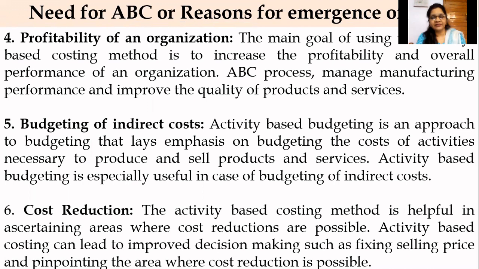What are the activities to be conducted in order to produce the goods or services? Activity means, again, we have to check what is the performance of that activity. This is possible only in ABC, and after analyzing the performance of the activity, the overall profitability of the organization can be increased.